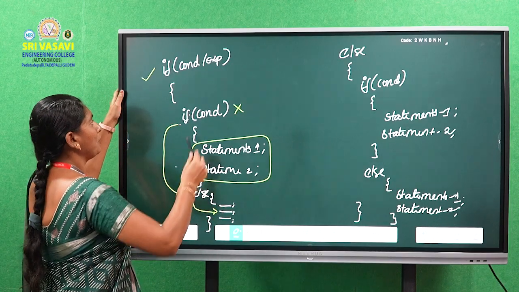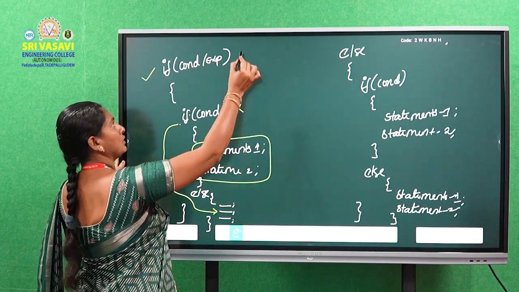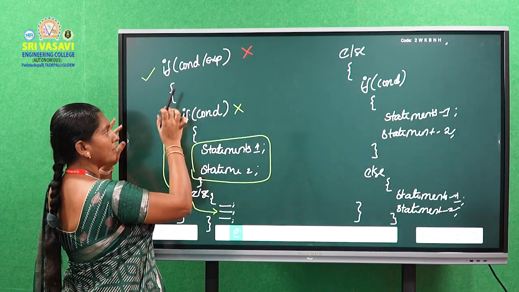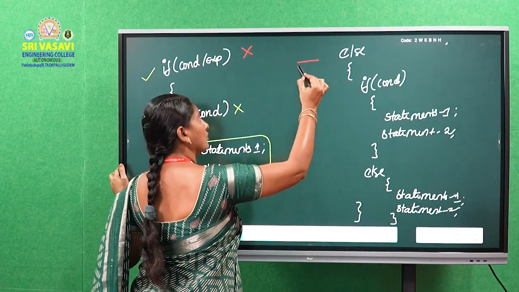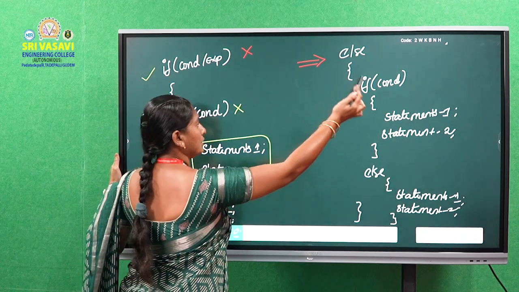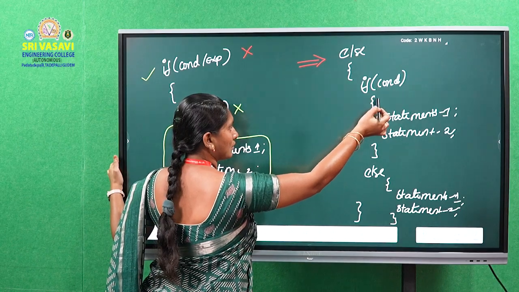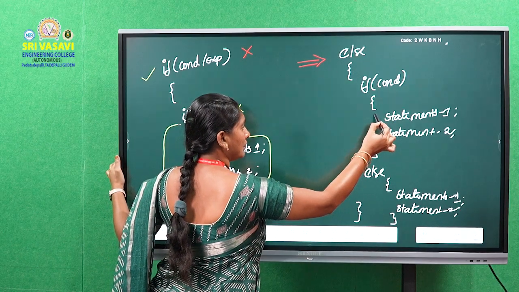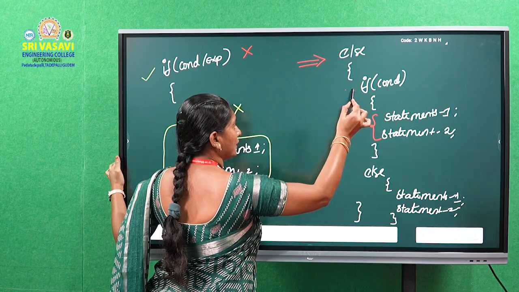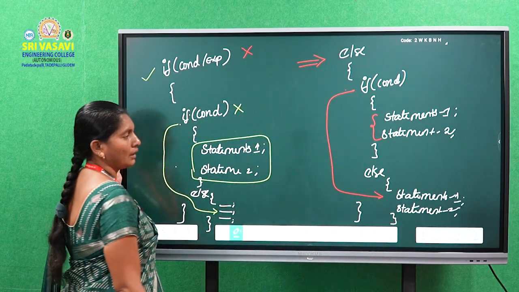Suppose at the very start the condition failed, then the compiler won't enter this if block; it will go directly to else. Then it will check the condition inside this else. If this condition is true, it will execute these statements. If the condition fails, then it will execute the statements in else.